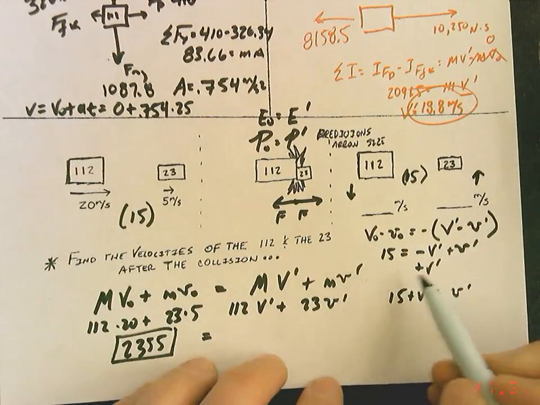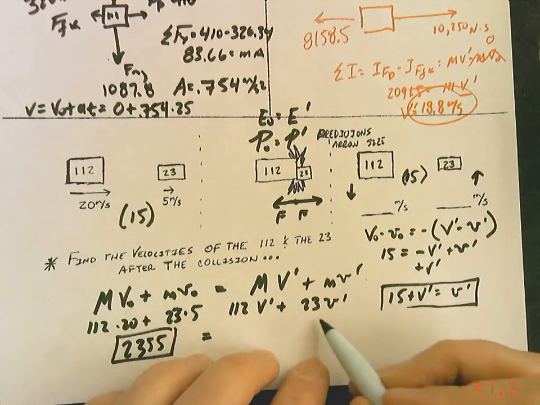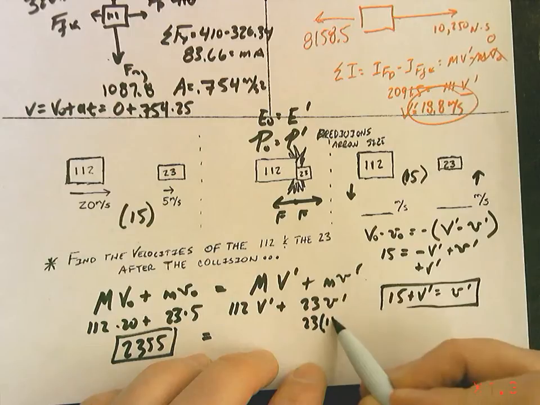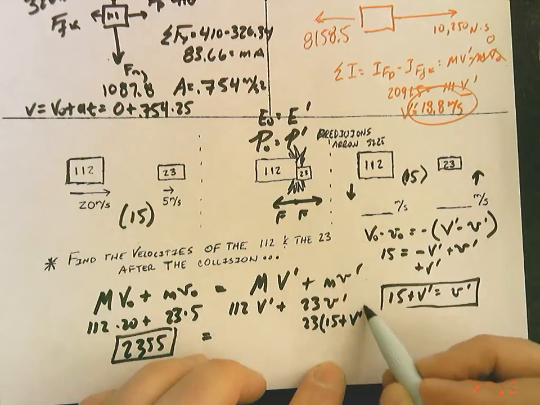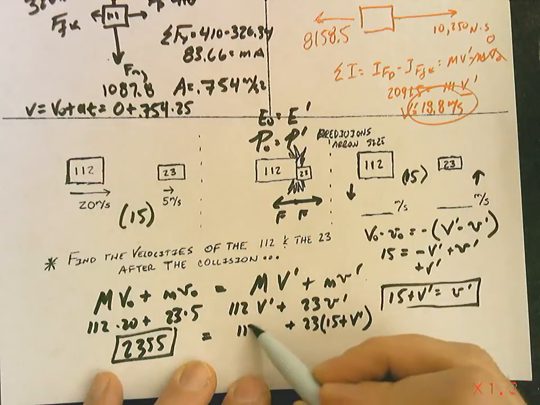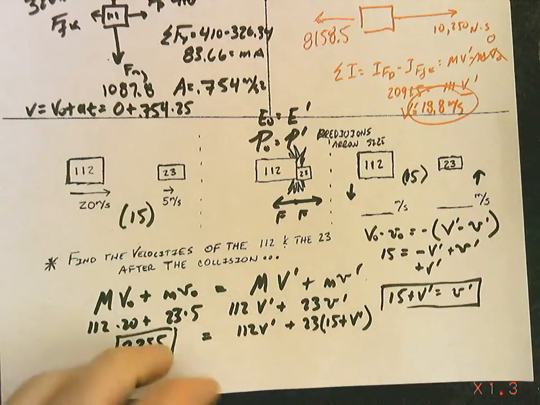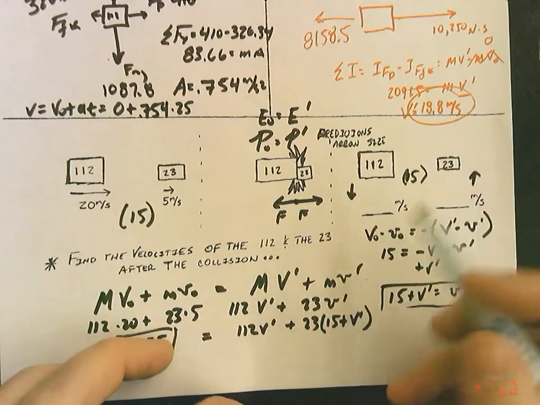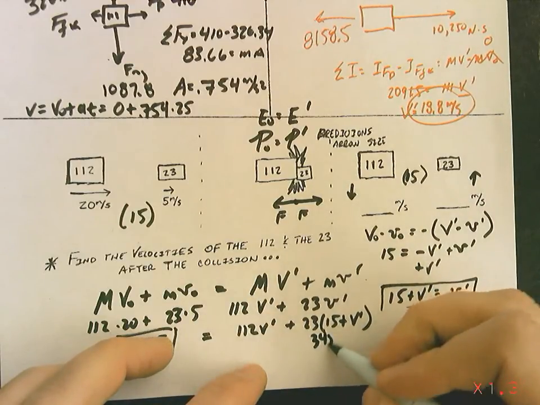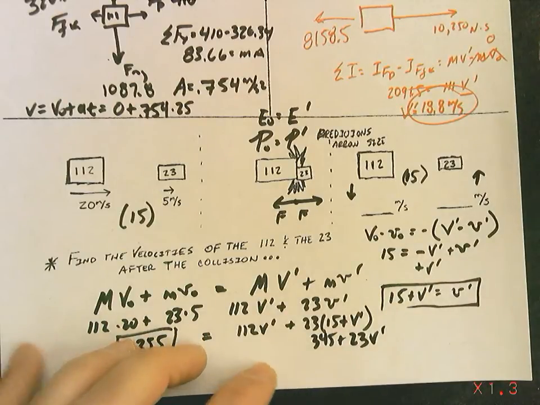So this is our relationship, and I want to sub it in right here for little v. So I get 23 times 15 plus big V. So now we have like terms of big V, but don't forget it equals 2355. So let's distribute here. So 23 times 15 is 345. And we also get 23 big V prime.